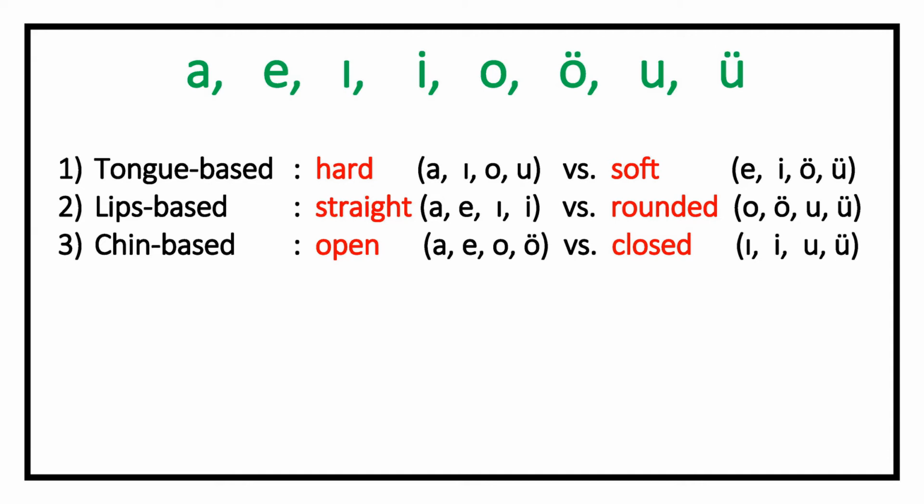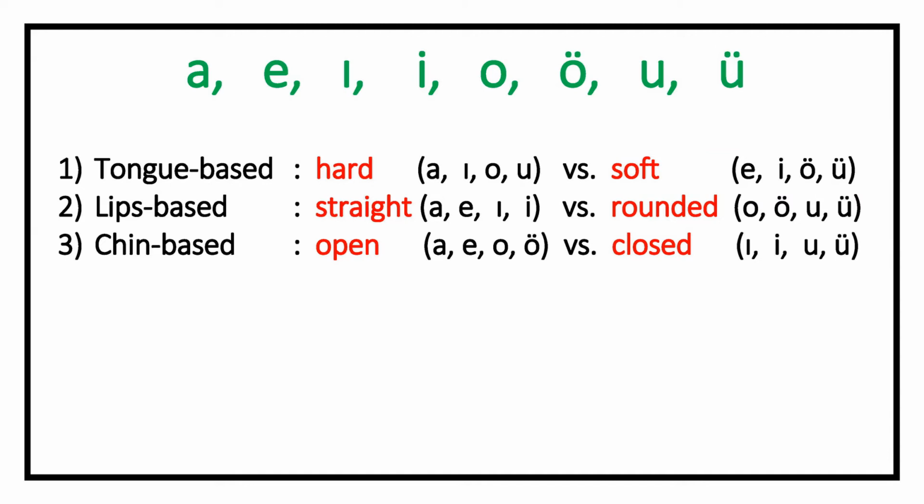Accordingly, based on the situation of the tongue, vowels are classified into hard vowels, A, I, O, U, and soft vowels, E, İ, Ö, Ü.